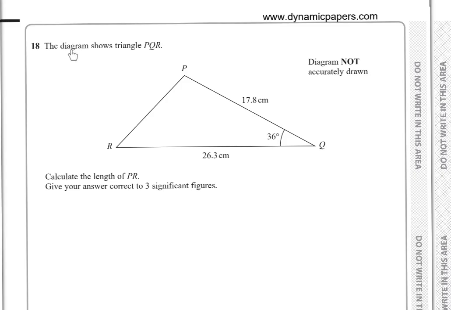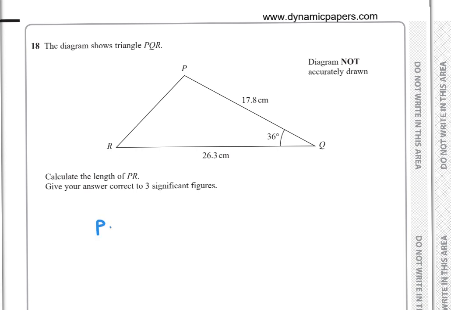Number 18. The diagram shows a triangle PQR. Calculate the length of BR. Give your answer correct to 3 significant figures. To find BR, we have 2 sides and the included angle, so we can find BR using the cosine rule.